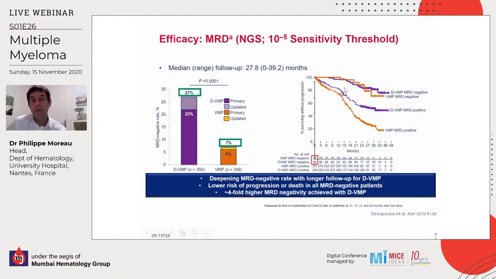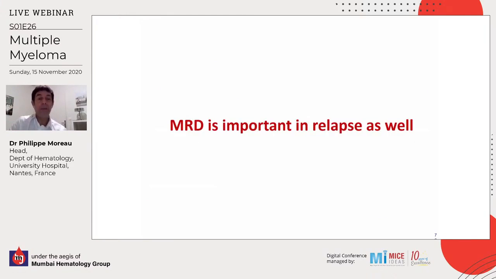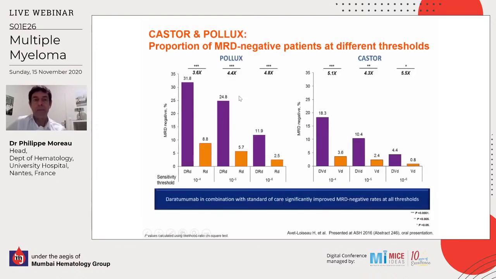And the same for the number of patients reaching MRD negativity, that is much higher with the quadruplet combination as compared with VMP alone. So definitely MRD negativity matters not only for frontline treatment in young patients, but also for elderly patients. And MRD is important in the relapse setting as well.